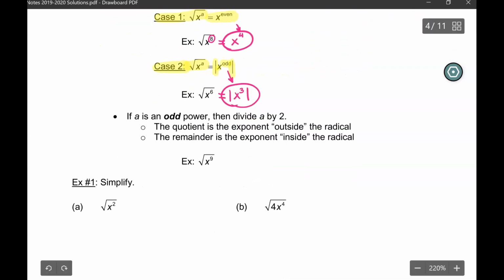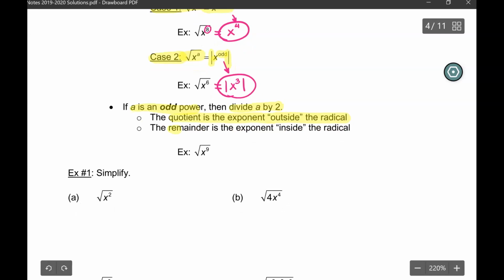Now if the exponent is an odd power, we're still going to divide by 2, but we're always going to have a remainder. The quotient is now the exponent on the outside of the radical. The remainder is the exponent on the inside. So let's take x to the 9th. If I divide 2 into 9, I get 4, and then we multiply, and I get 1 as the remainder.